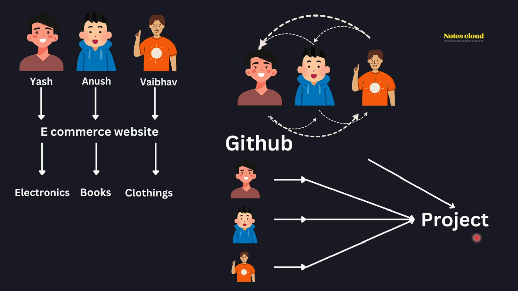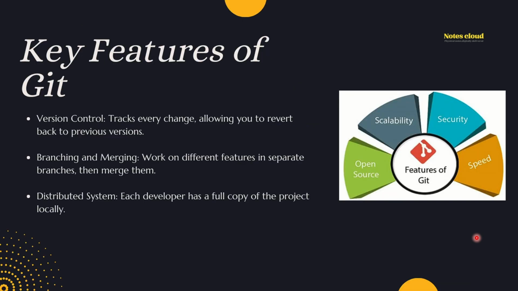Key features of Git. Git comes with several key features that make it indispensable for developers. Version control: Git tracks every single change made to your files, allowing you to revert to any previous version if needed. This is incredibly useful for managing and debugging your code over time.